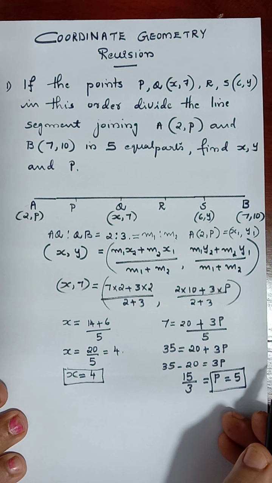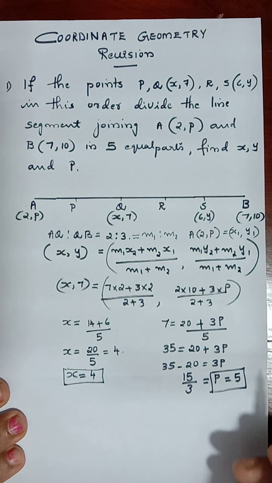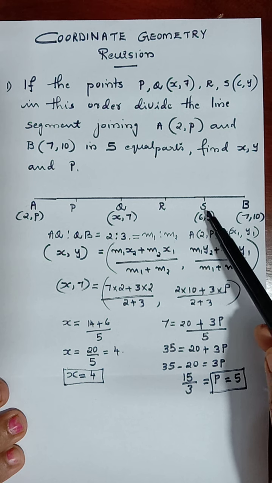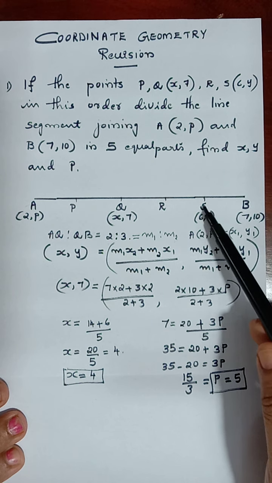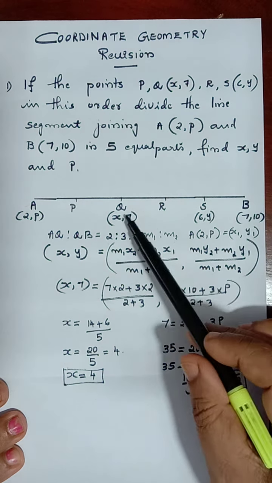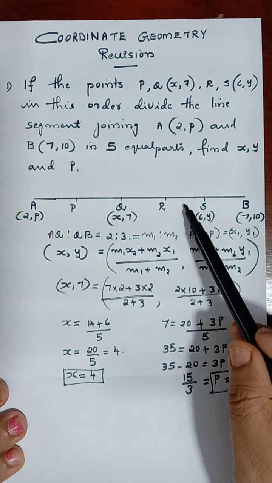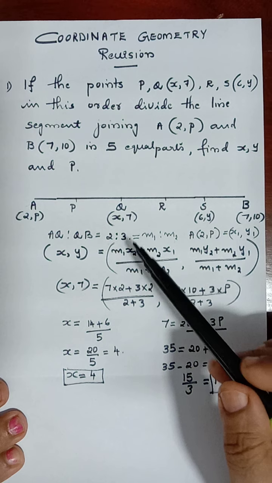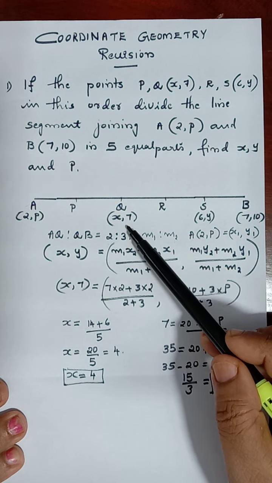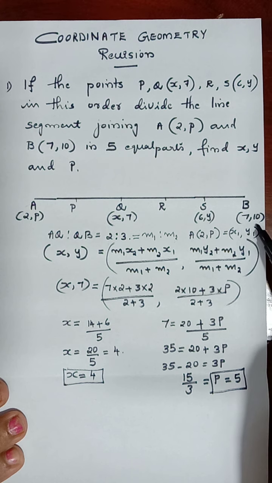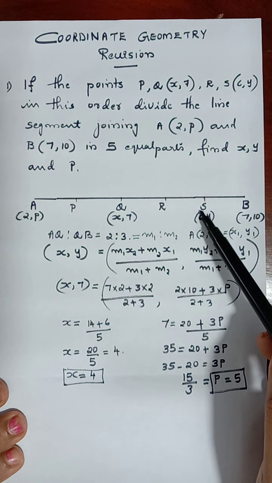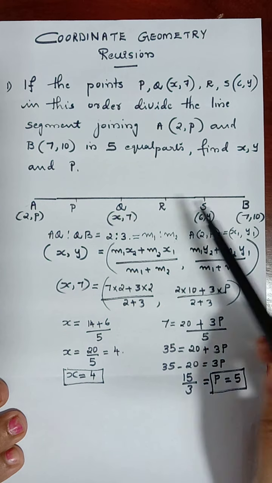Next we have to find out what is our value of y. So let us see where y comes, as (6, y). So S point is dividing QB in the ratio 2:1. So Q values we have now, (4, 7) and B (7, 10). So this QB line is divided by S in the ratio 2:1.